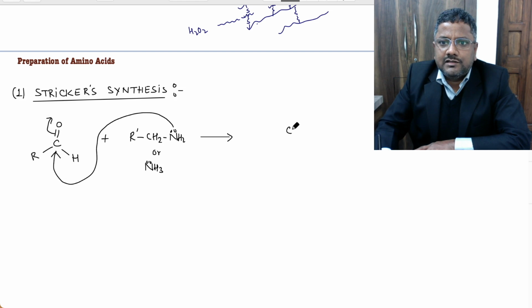So you will get R, H, O minus, N, H, H, CH2R plus.